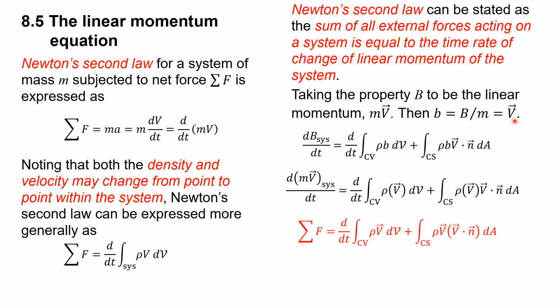If you want to only find v, you bring the m down, so b over m equals v.